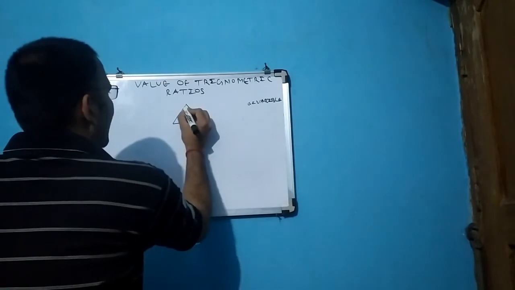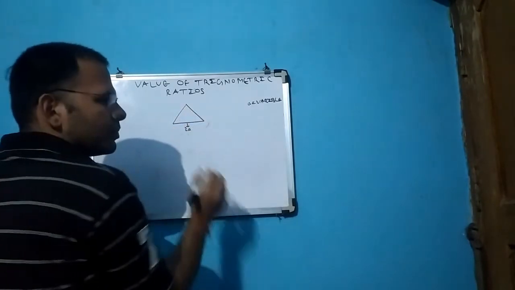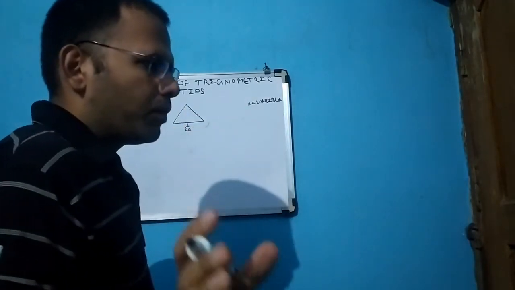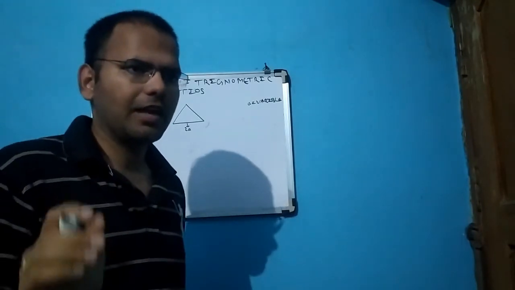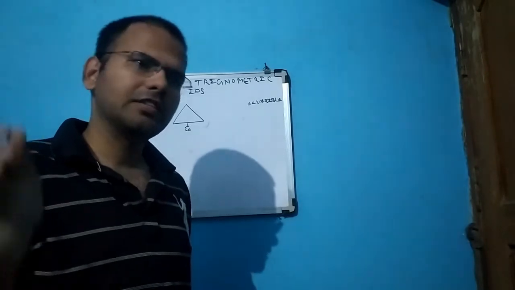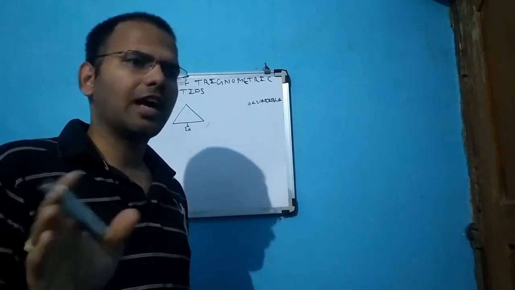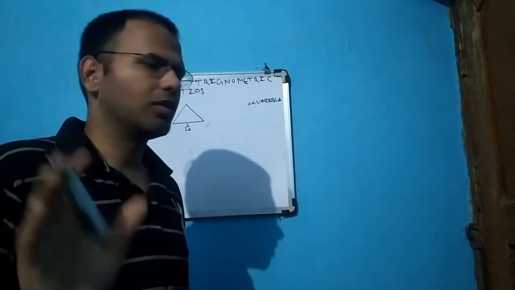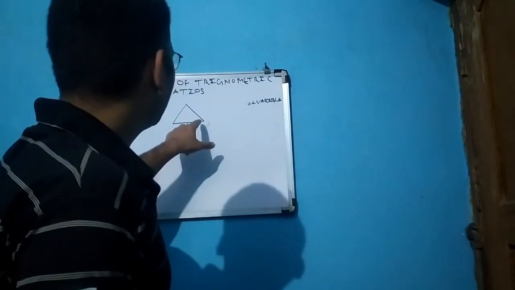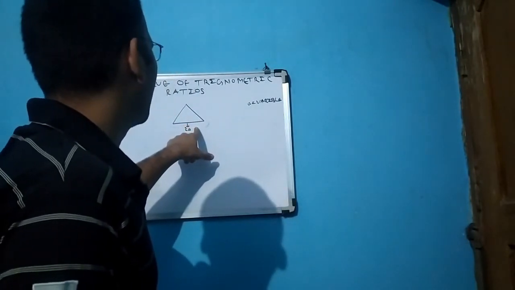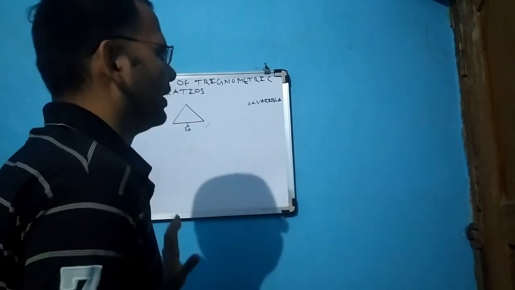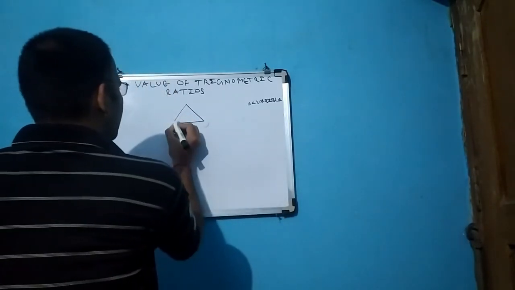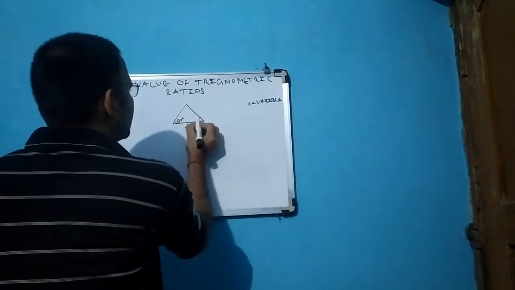Now, as we know from the fundamental property of an equilateral triangle, each angle is 60 degrees and each side is equal. So if one side is 2a, all three have the same length of 2a. So here it is 60 degrees and this is 60 degrees.